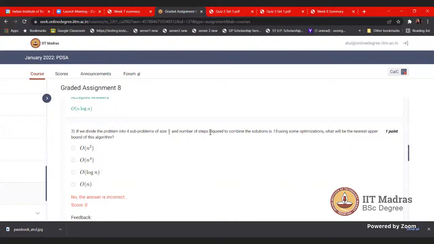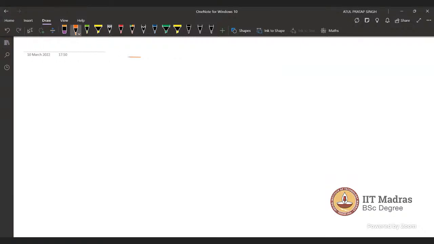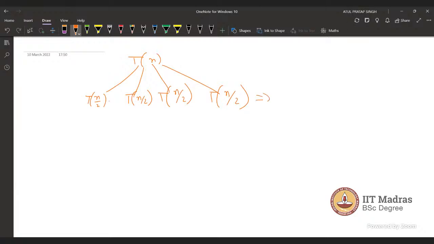So if you are starting from T(n) here, and dividing into T(n by 2), T(n by 2), T(n by 2), T(n by 2), the total sum of the input is n by 2 plus n by 2 plus n by 2 plus n by 2, so it becomes 4n by 2, now 2n.